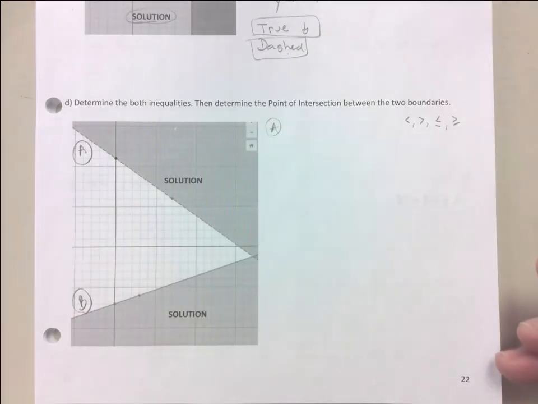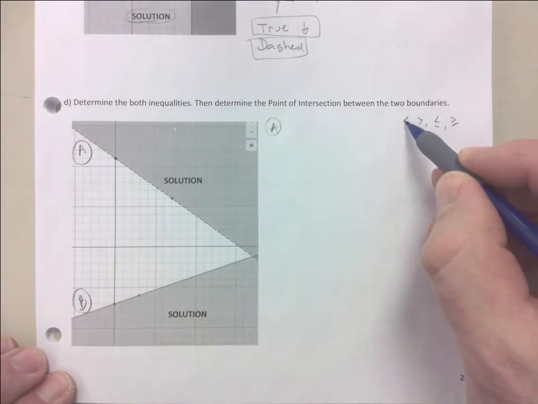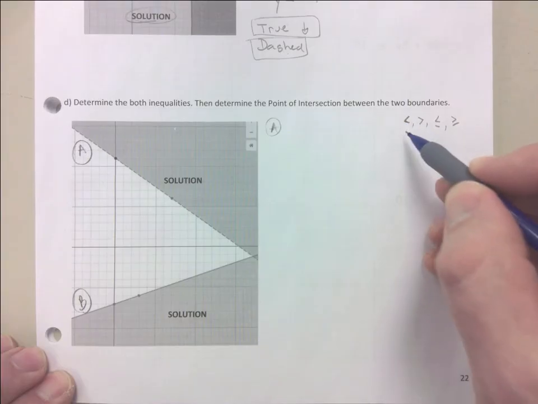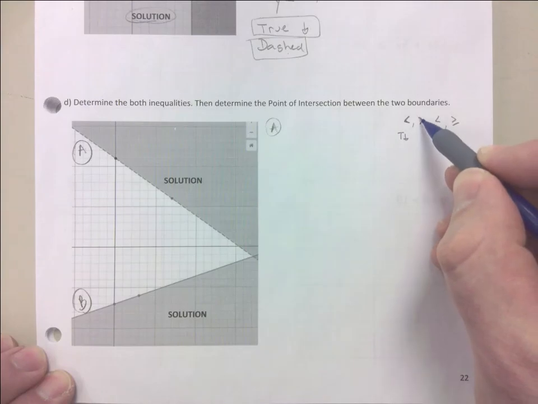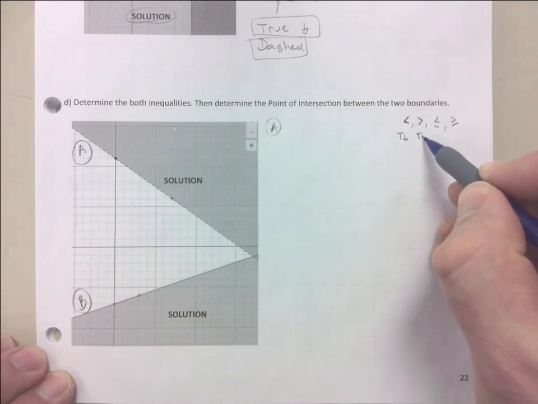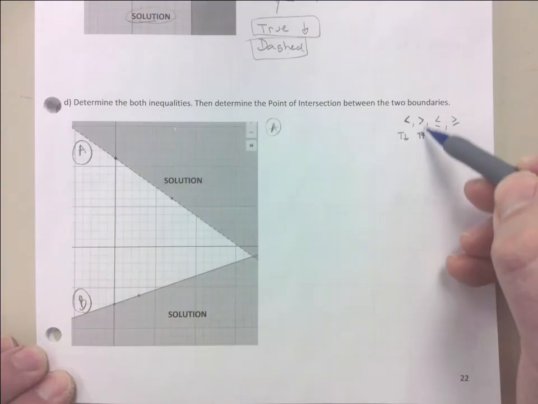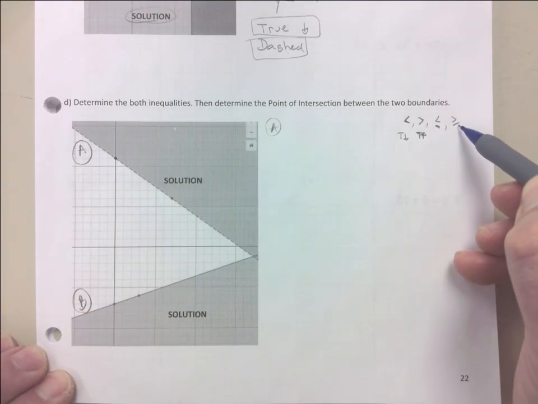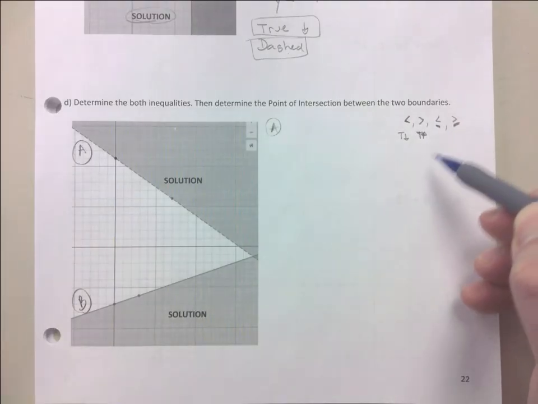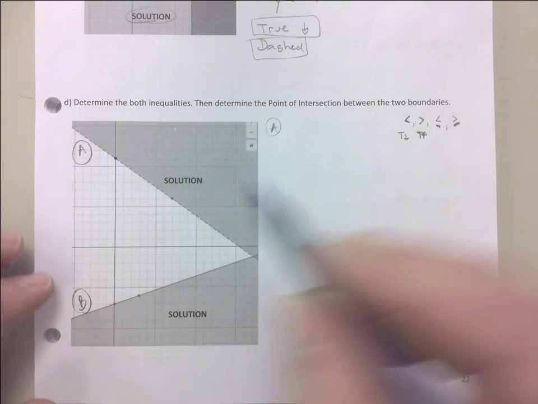Those are your only 4 options. When it's like this, the true region is below, right? If it's like this, the true region is above. And these ones are just being solid lines, right? That should help you out.